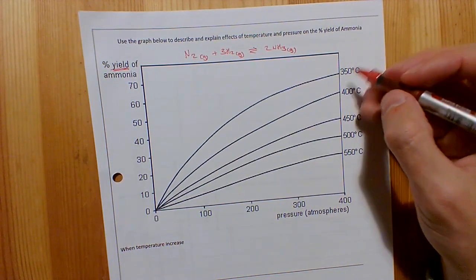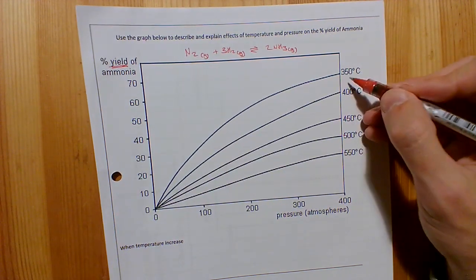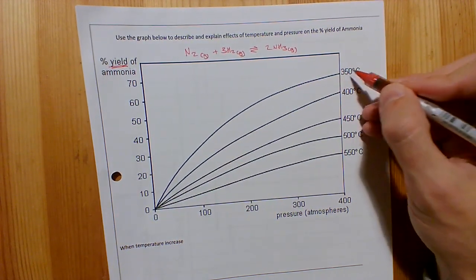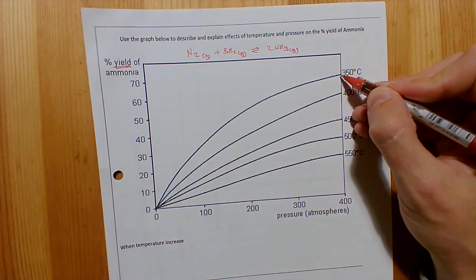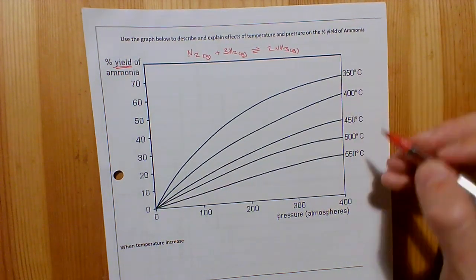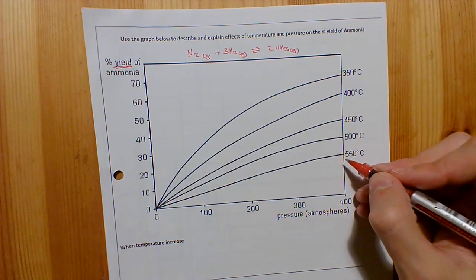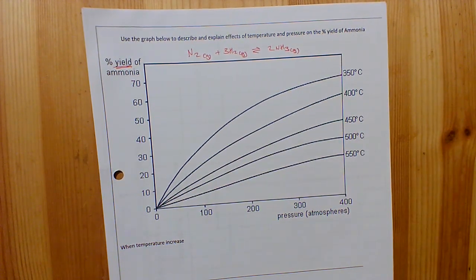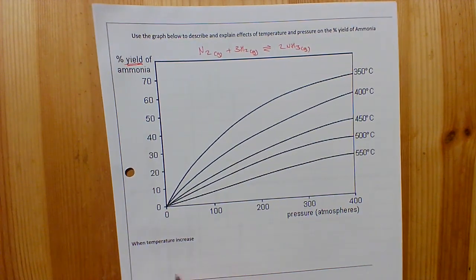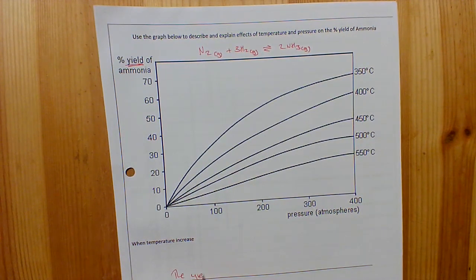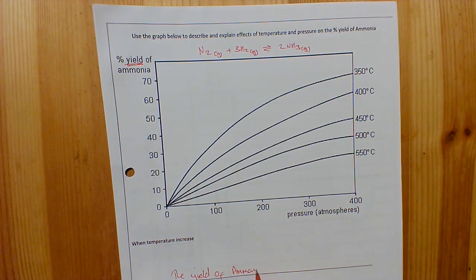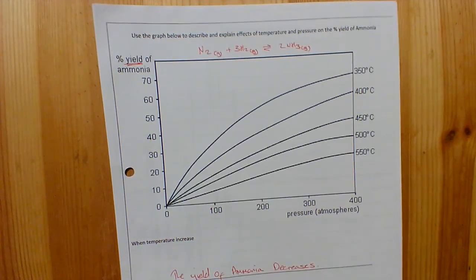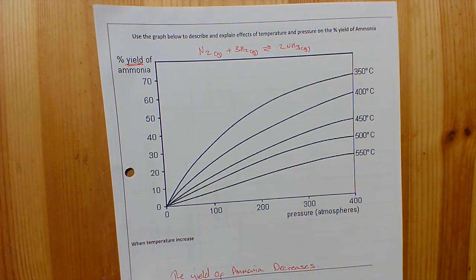We can see that the lower the temperature, the higher the yield. So at 350 degrees we get a 70% yield, but at 550 degrees we get about a 20% yield. So low temperature gives us a higher yield. So when temperature increases, the yield of ammonia decreases. So in terms of how much ammonia we get, we want a low temperature.